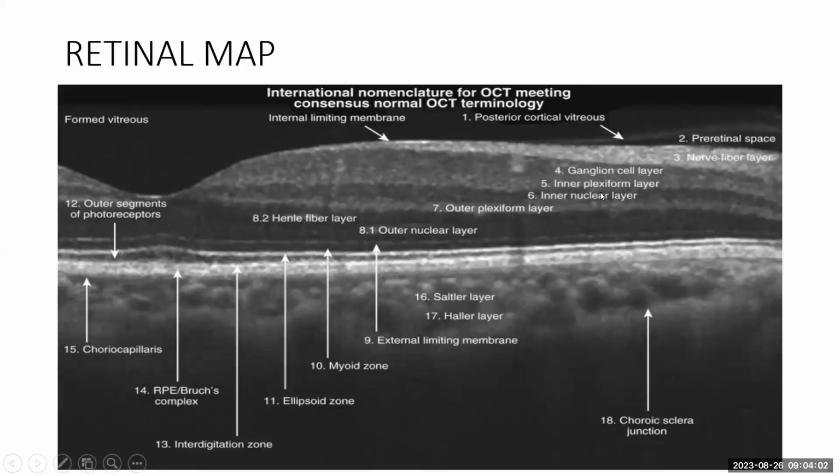I said that when we get to these neurosensory retinal layers, there are alternating bands of hyper and hypo reflective areas as you move outward from the inner nuclear layer.